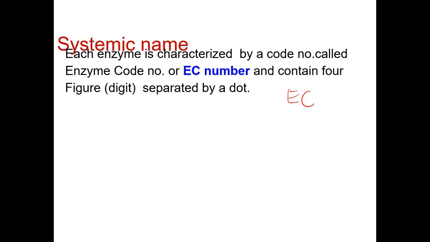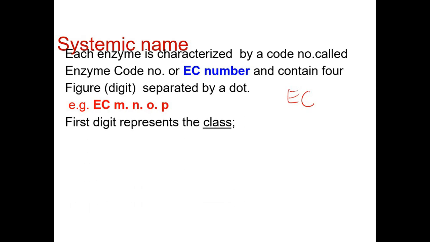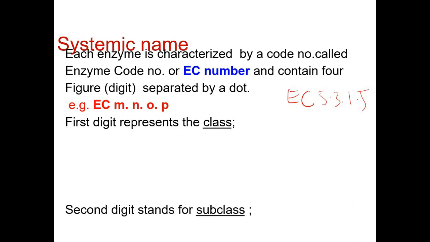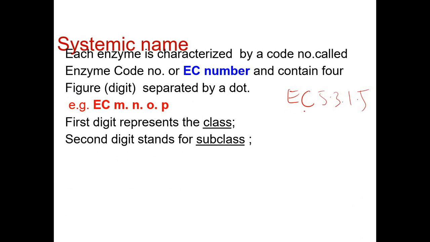So it contains 4 digits separated by a dot. So example EC M.N.O.P. But enzymes are represented kanang by numbers, like EC 5.3.1.5, something like that. Okay? So mo na ang this one is a specific enzyme. This is only one enzyme.